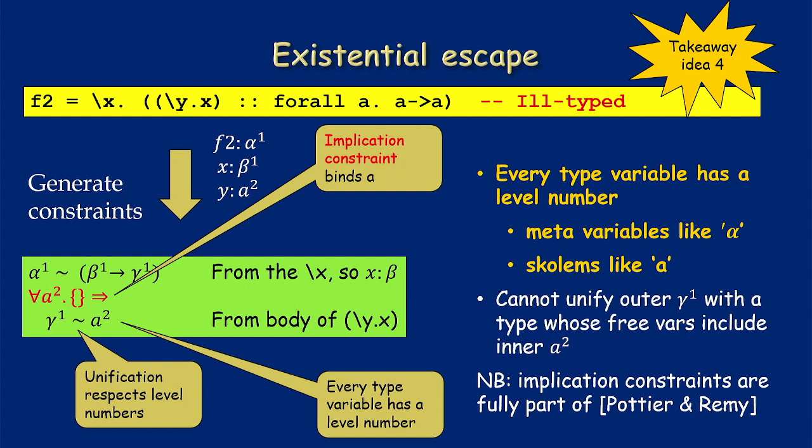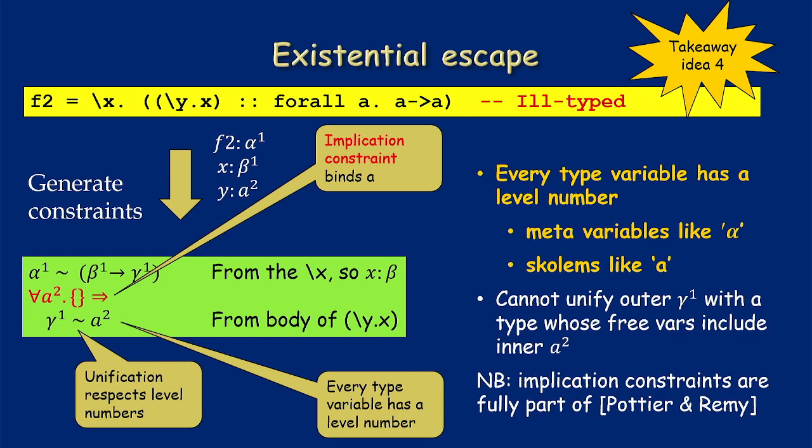And then I've got gamma from level 1, from the outer thing, and it's got to be equal to this A from level 2. And then we have the rule that says I cannot unify a unification variable from an outer scope with a skolem from an inner scope. It's a pretty simple rule. You just look at the free variables of the type you're unifying with and decline to unify. And that leaves you with a residual constraint that you can then report.